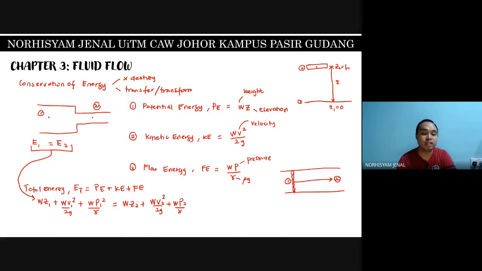If you see over here, the weight is the same for each one of them, because the total weight of fluid that we have at point 1 should be the same as at point 2. So because of that, this can be cancelled out.